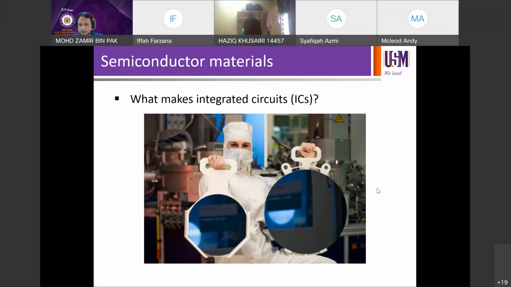Any other guesses? 1 inch? 4 inch? Diameter, hujung ke hujung. Berapa inci? 4 inch. Yang kecil ya, the left hand side.